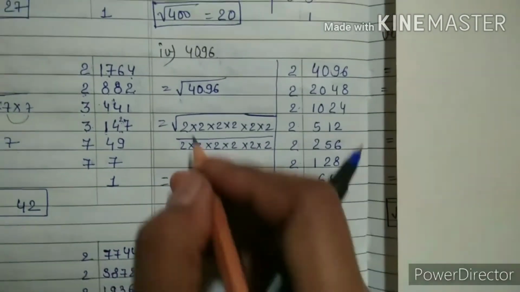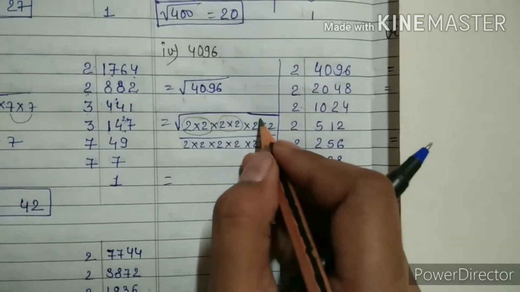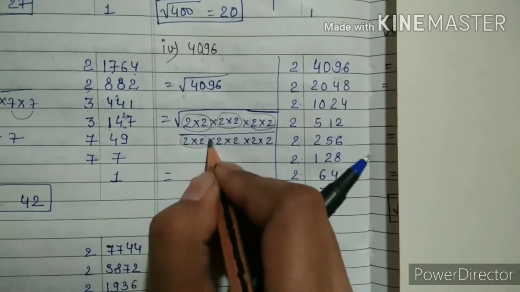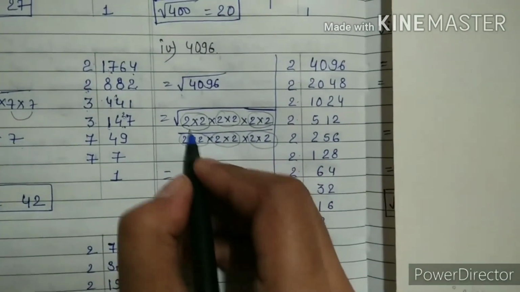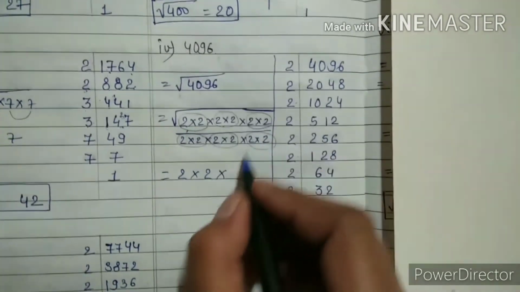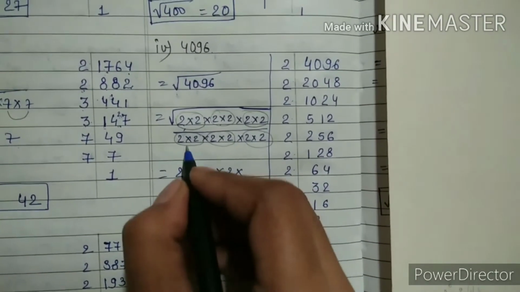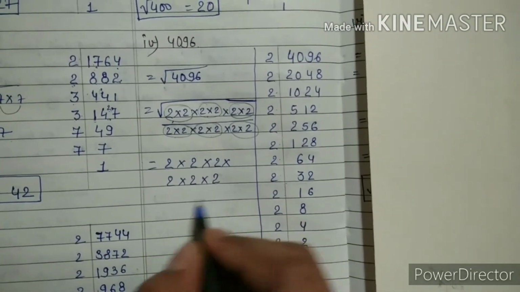This is first pair, this is second, this is third, this is fourth, fifth, and this is last. The first pair will give us 1 time 2, this is second, third, fourth, fifth, and sixth.